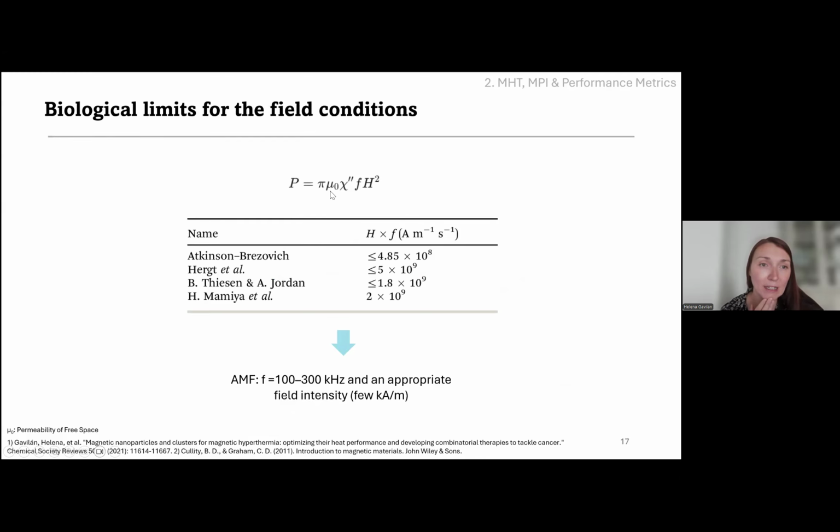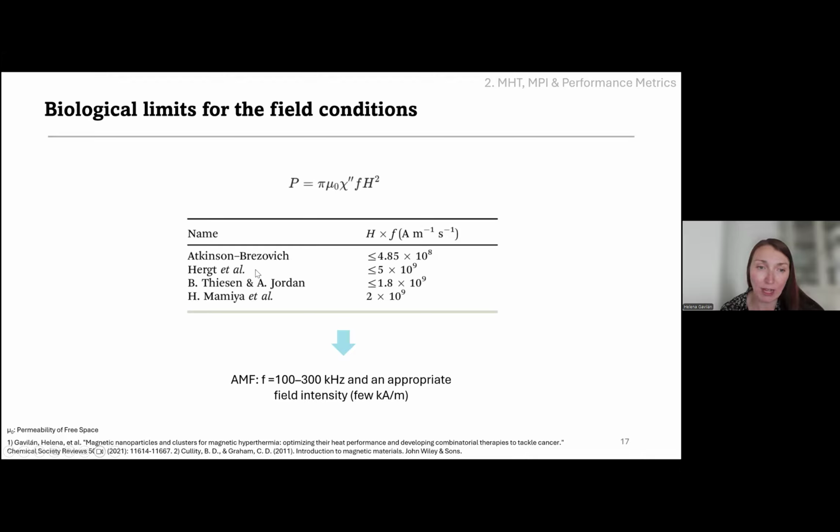So there are some biological limits found in the field conditions for magnetic hyperthermia. We cannot apply the field conditions that we want because we are going to have non-specific eddy currents, so unspecific heat. Different limits have been established in the literature, like this one from the clinical trials from Jordan.